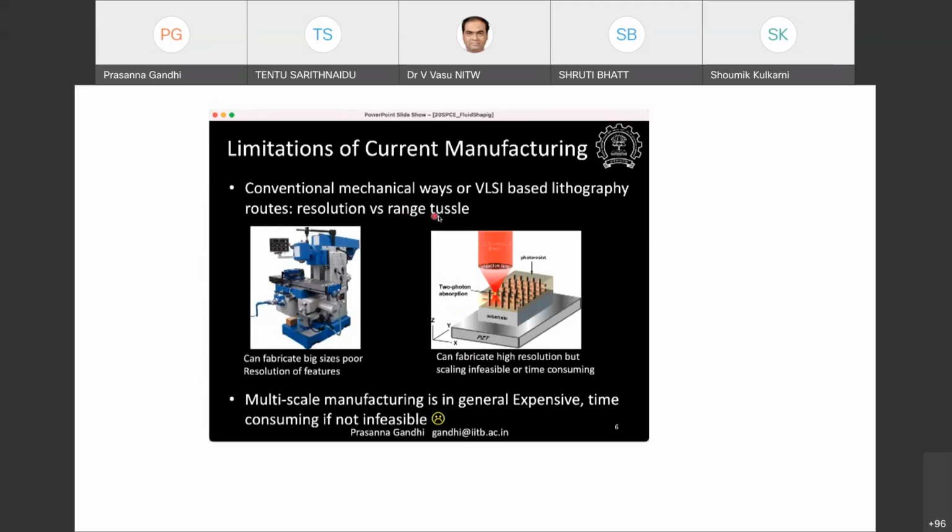Whatever is done with a large range cannot get very small resolution. So this tussle between resolution and range is always there for many machines. And we are trying to see if we can have some processes which can get over this tussle in some sense.